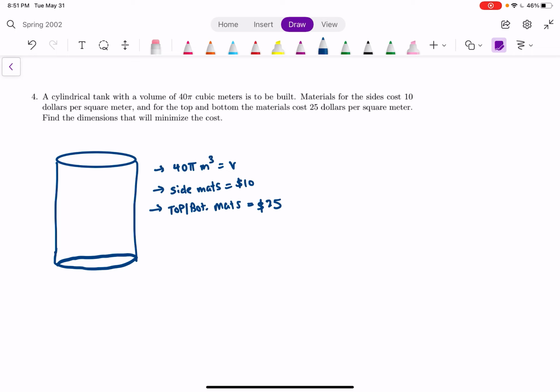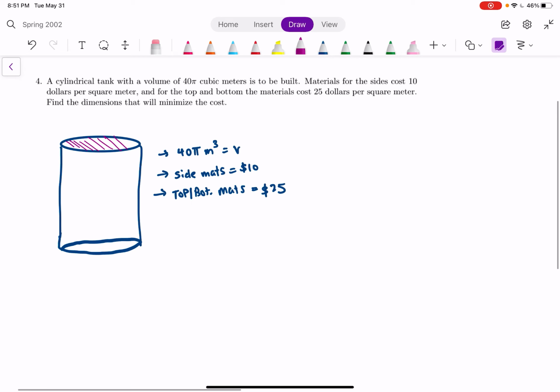Right off the bat, we can see that the top and bottom mats are going to cost more than the side mats. This means that we want to use less material for the top portion and more material for the side portion, right?